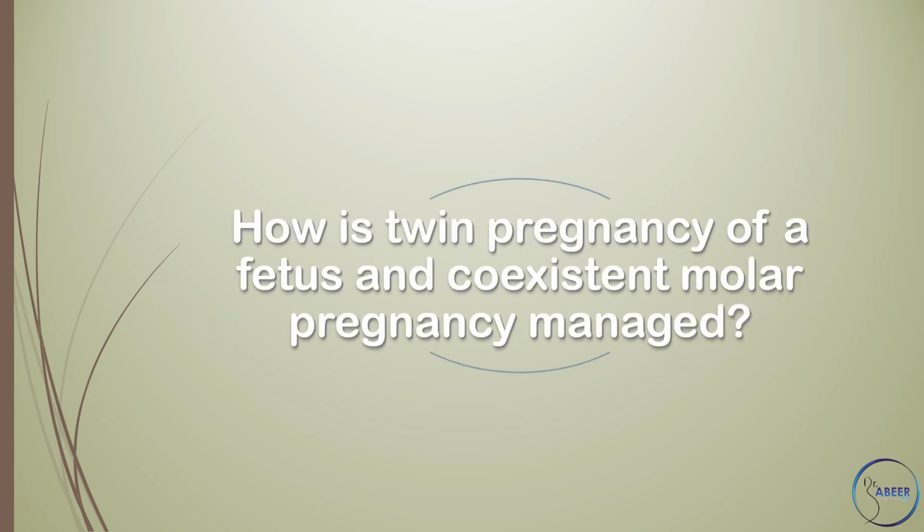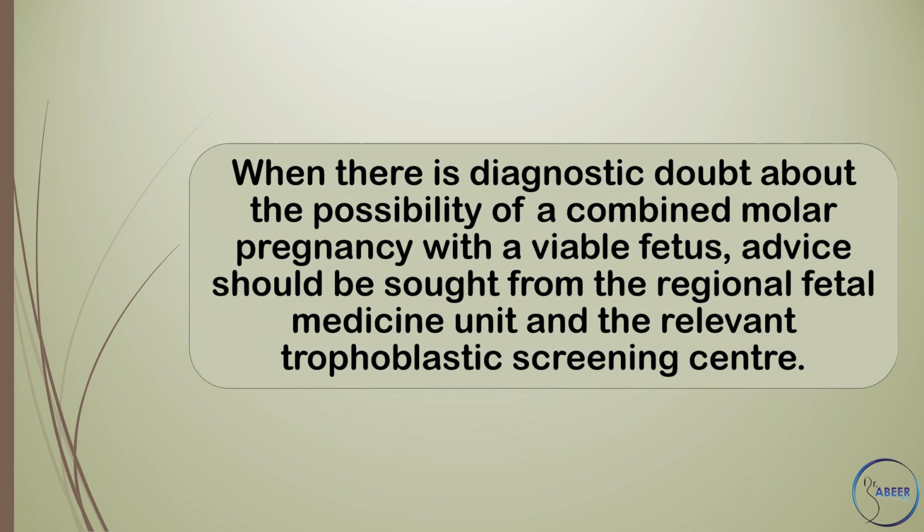How is twin pregnancy of a fetus and a coexistent molar pregnancy managed? When there is a diagnostic doubt about the possibility of a combined molar pregnancy with a viable fetus, advice should be sought from the regional fetal medicine unit and the relevant trophoblastic screening center.